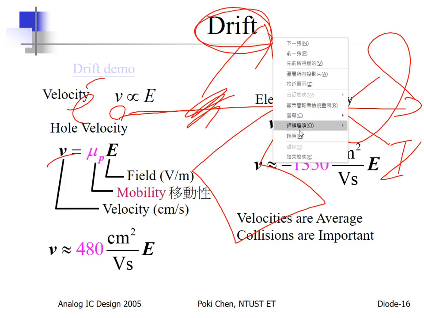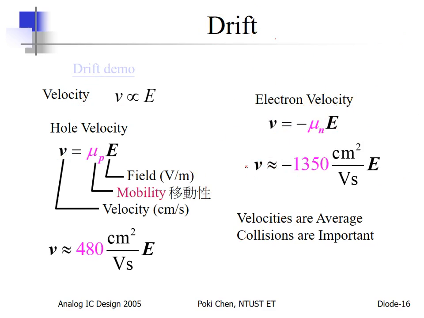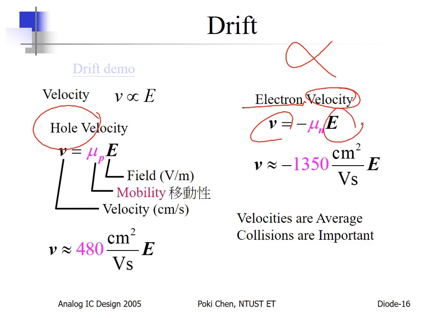And how about holes? The same. Again, it needs other electrons to fill the empty seat of the hole. For electrons, the electron velocity is directly proportional to the electric field.